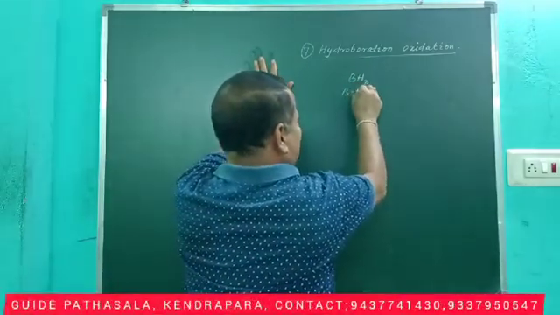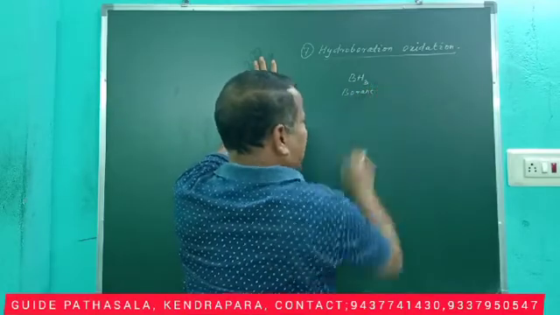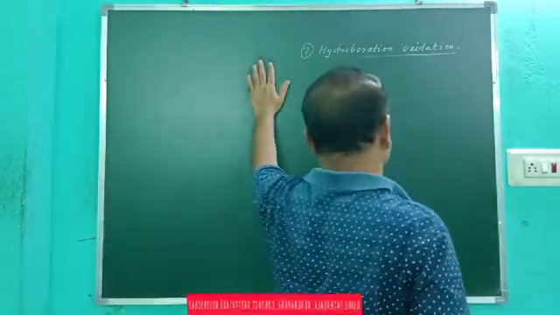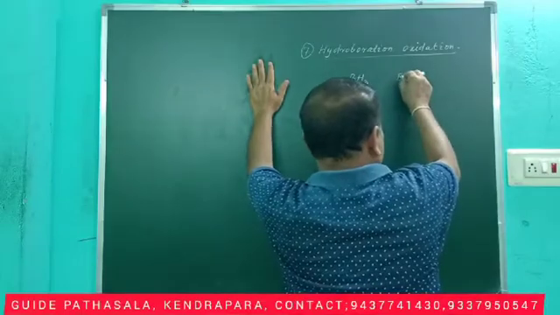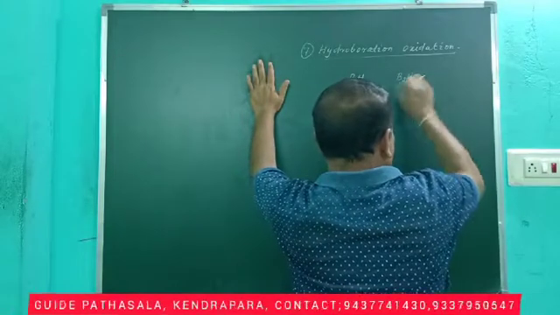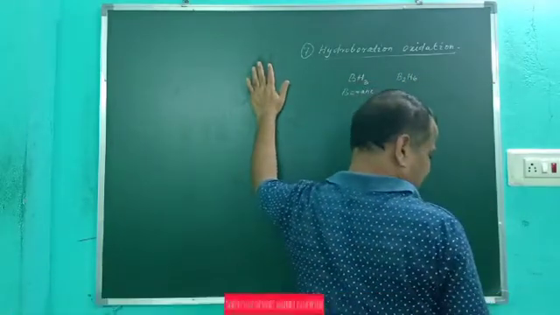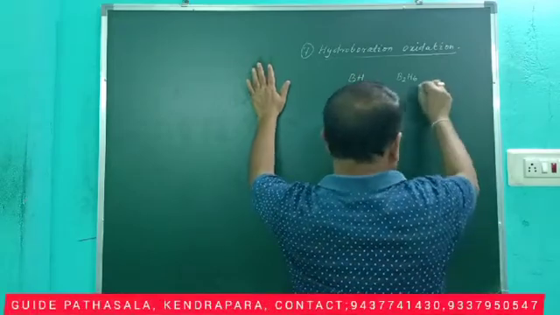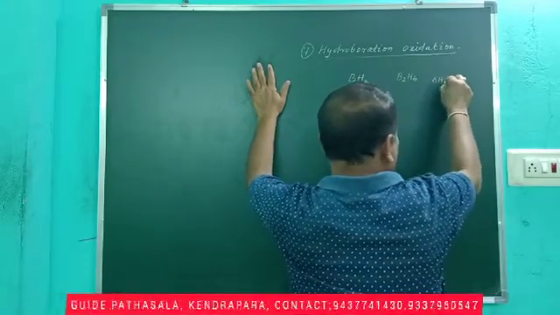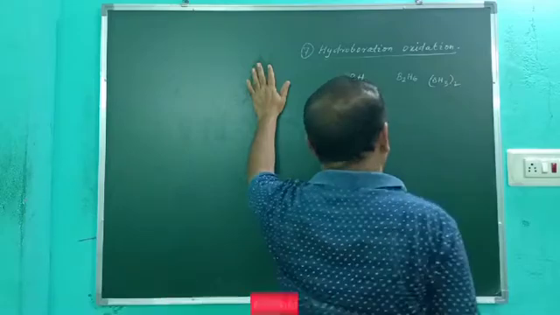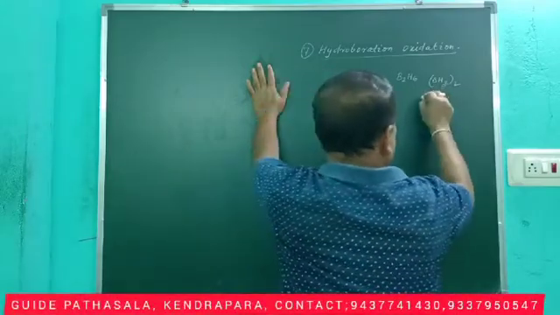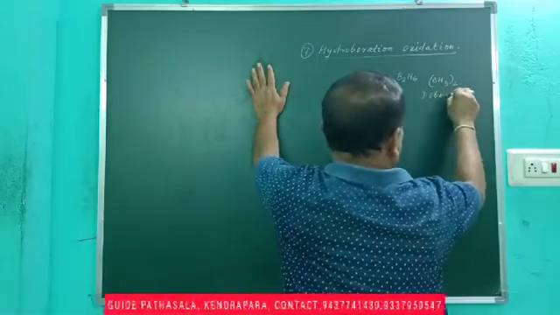Borane remains in dimeric form, that is B2H6, or diborane, BH3 whole 2. Diborane, D-I-B-O-R-A-N-E.